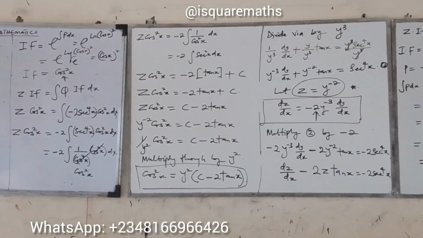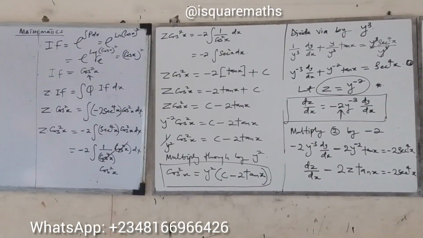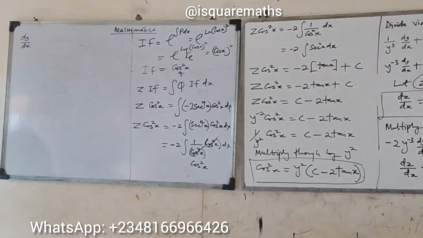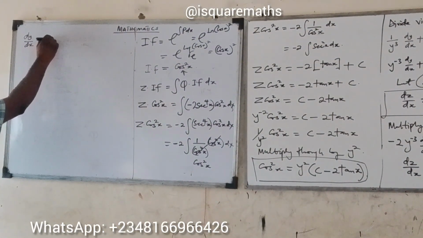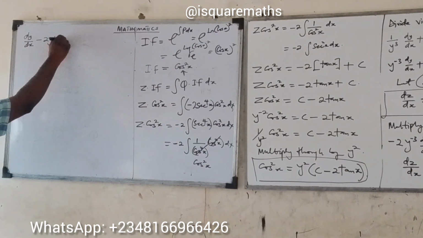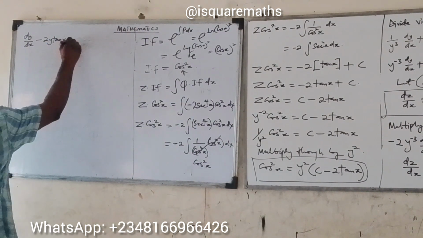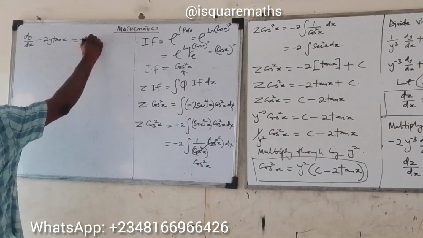dy/dx minus 2y tan x is equal to y squared tan squared x.